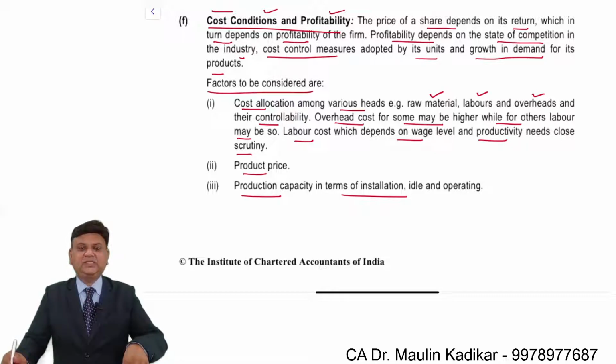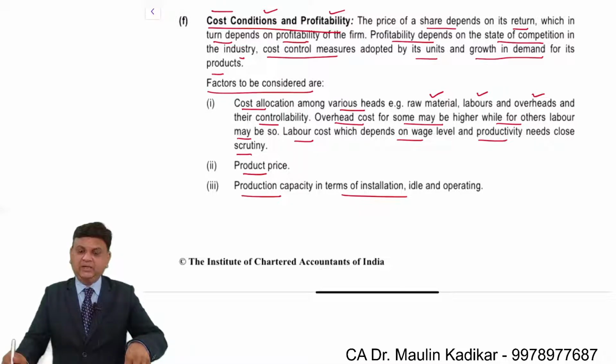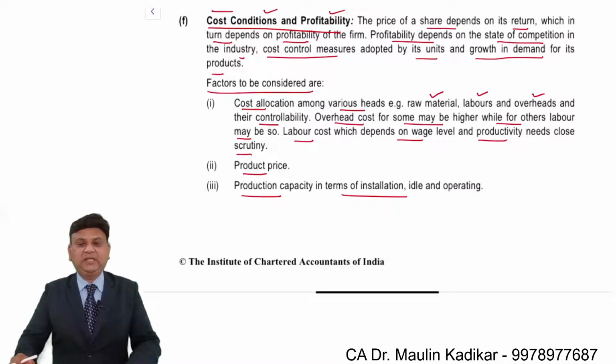Let us say it is importing the majority of its raw material from outside India. Then from which country are you importing? Is it a country which has a good relationship with India? Suppose you are importing from Japan, then it is good. You will not have any issue.